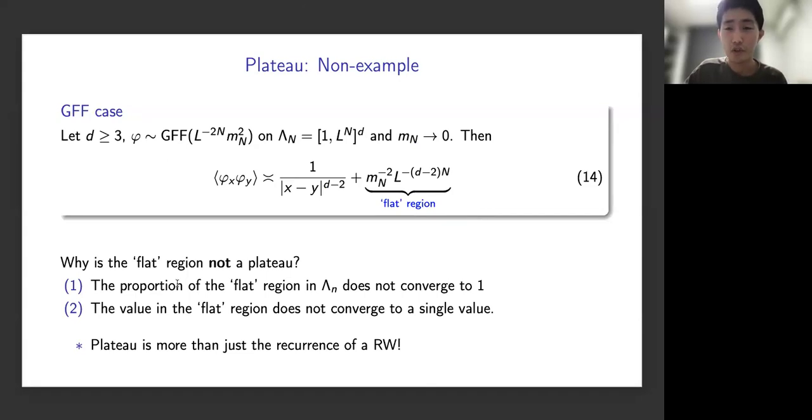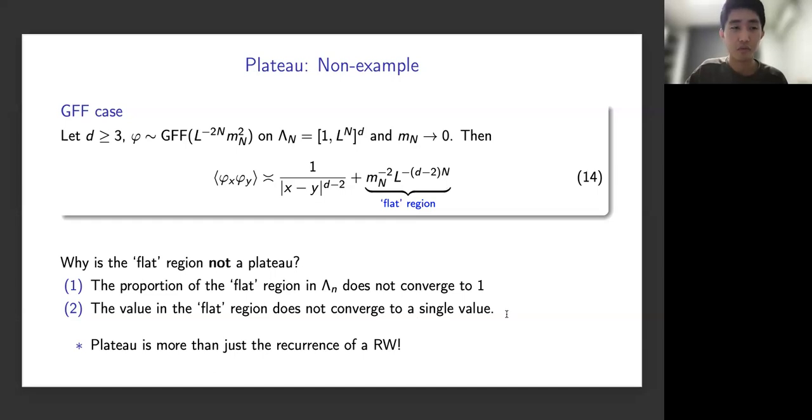There are two main reasons behind that. Firstly, the proportion of this flat region in lambda n does not converge to 1. And secondly, the value of this correlation function inside this flat region doesn't converge to a single value. It's just on a scale of m_n to the minus 2 times L to the minus d minus 2n.